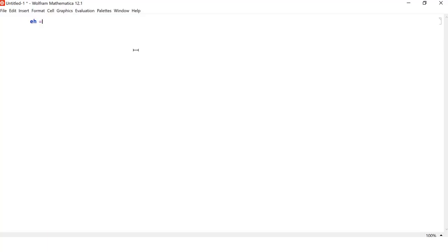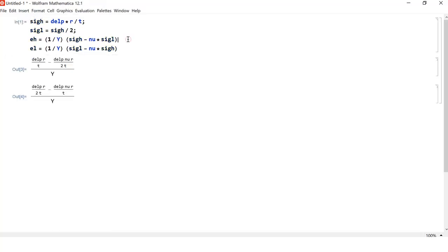My epsilon hoop is going to be 1 over my Young's modulus times my sigma hoop minus nu times sigma L. And my epsilon L is going to be equal to 1 over E times my sigma L minus nu times sigma h, where we also know that my sigma hoop is equal to delta P times r divided by t, and my sigma L is equal to sigma h divided by 2. So let's shift enter that. I'm going to suppress that output because it's not super important.